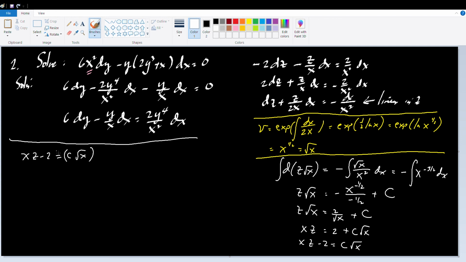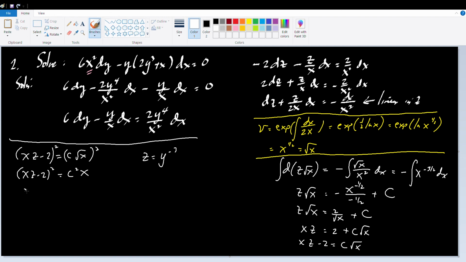Let me square both sides to get rid of the radical. So what I have here is xz minus 2 squared equal to c squared x. And what is my z? Now remember, our z is y to the negative 3.